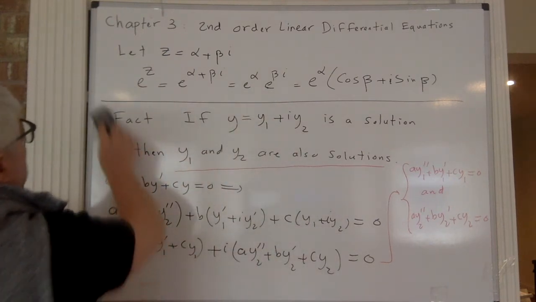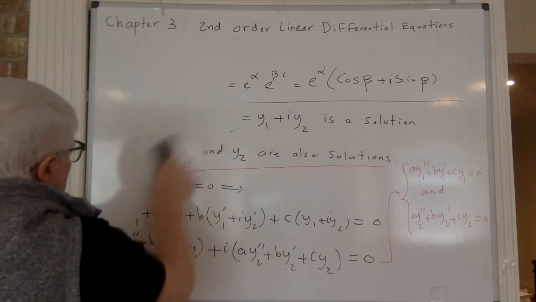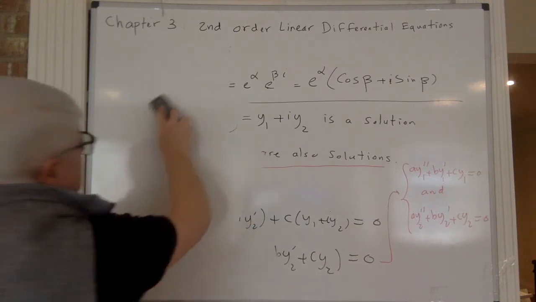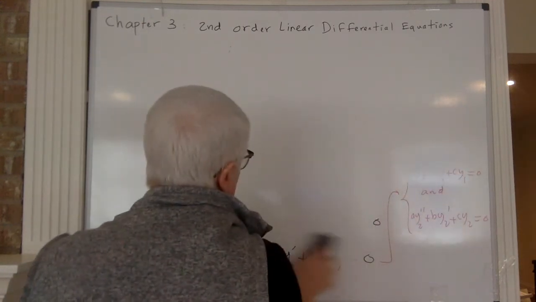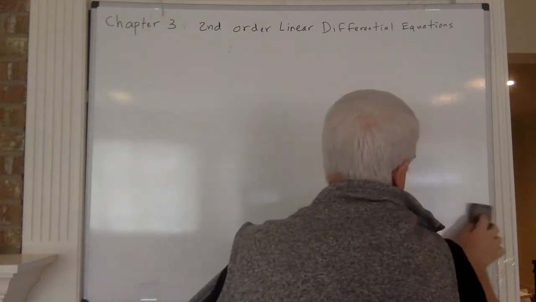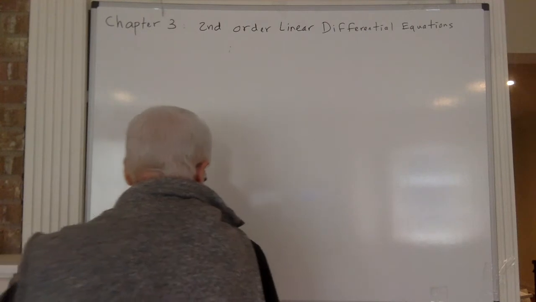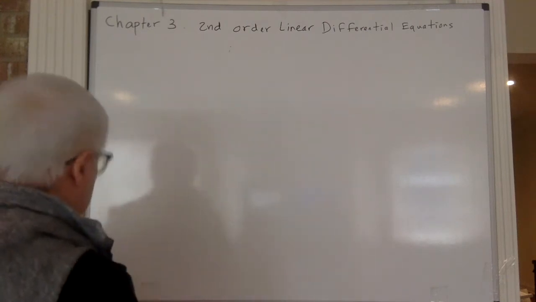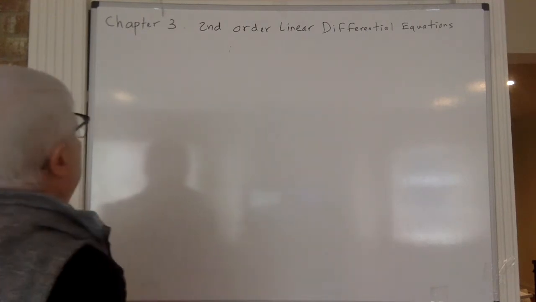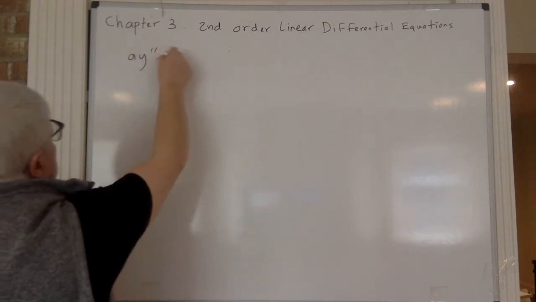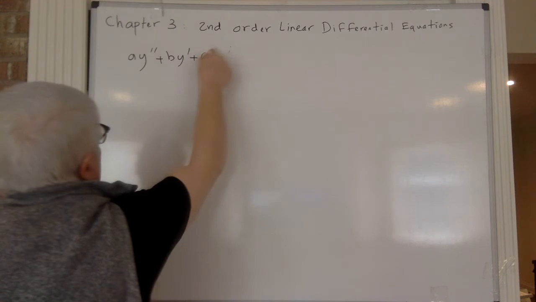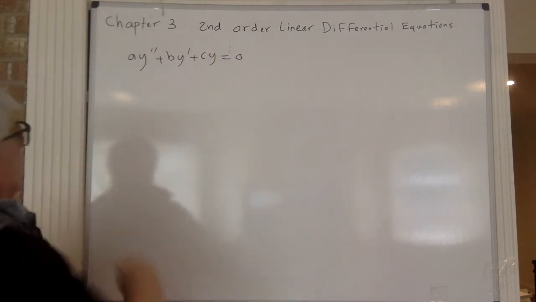So let me erase all these things. Okay, so I have a y double prime plus b y prime plus c y equals 0.